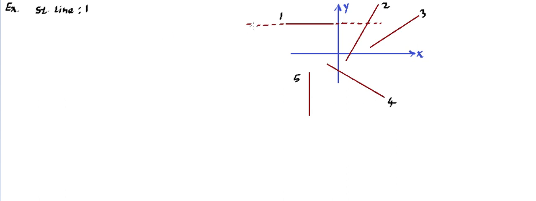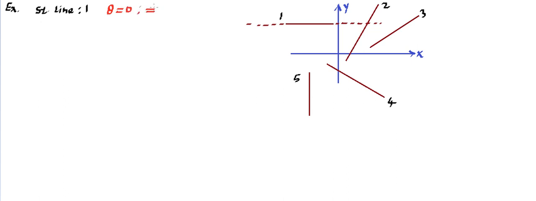Now if we keep on extending in both sides, we will find it never intersects the x-axis. Rather you will find they are parallel to each other. Since they are parallel, what angle are they going to make? You'll find the angle theta is going to be 0. Whenever two parallel lines are there, they always make angle 0. So theta is 0. Since theta is 0, what is the slope going to be?